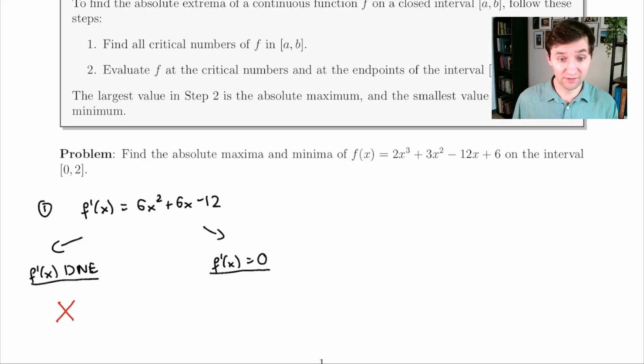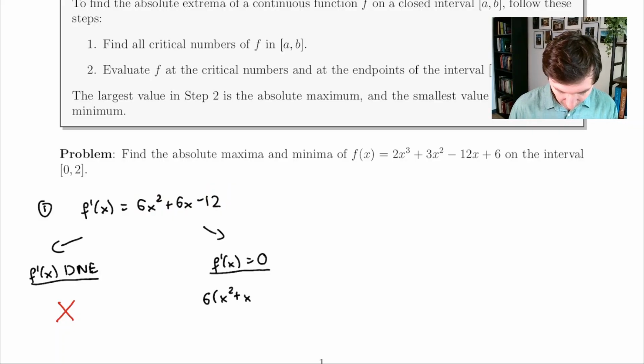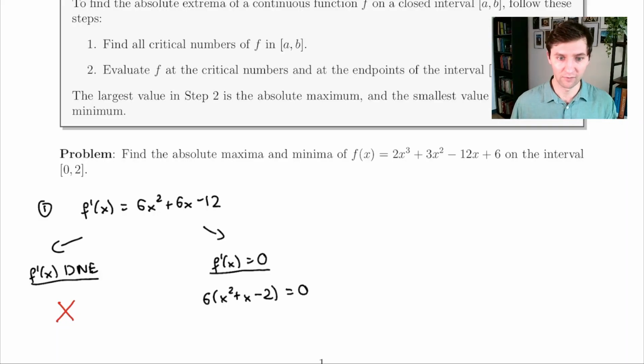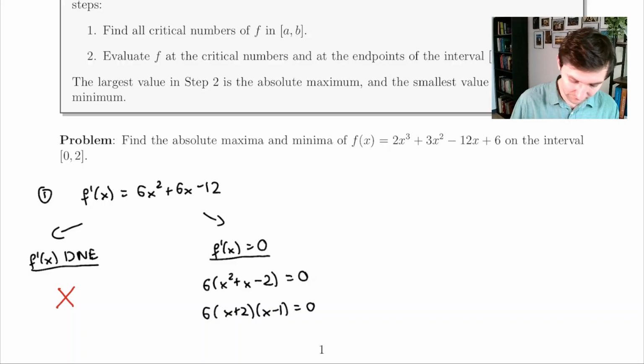To determine where this derivative is 0, first let me factor 6 from all the terms, and I will get 6 times x squared plus x minus 2 equals 0. Let me factor this even further. I get 6 times (x plus 2)(x minus 1) equals 0.